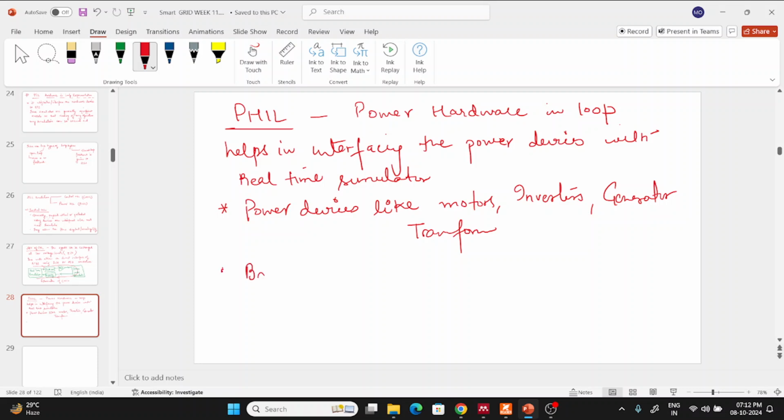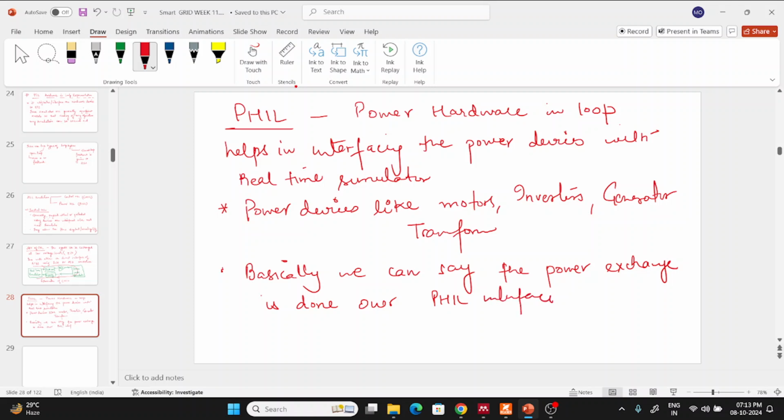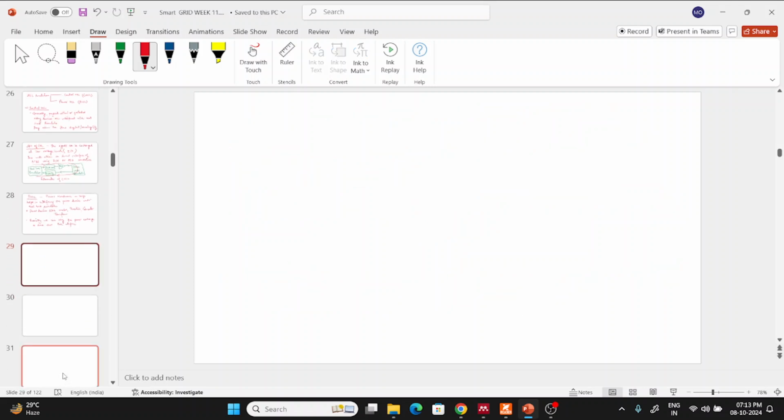So basically, we can say the power exchange is done over PHIL interface. अगर हाई पावर हमको इंटरफेस चेंज करना है then it can be done over the PHIL. Okay.